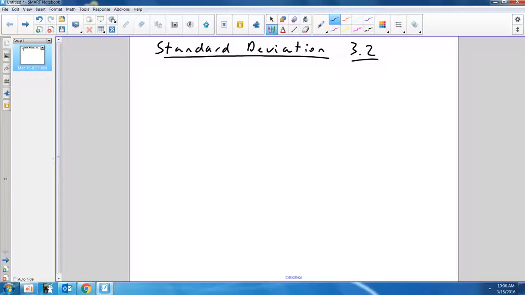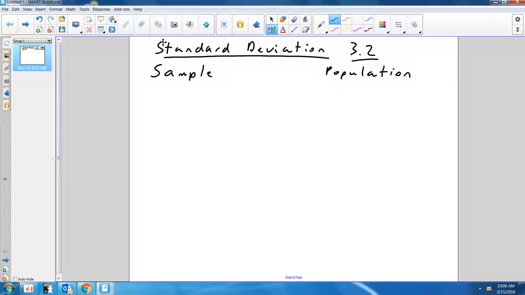Standard deviation. So far what we've talked about is the mean, median, and mode. The mean had two symbols. Let's say that we have a sample and a population, and the sample is a subset of the population.